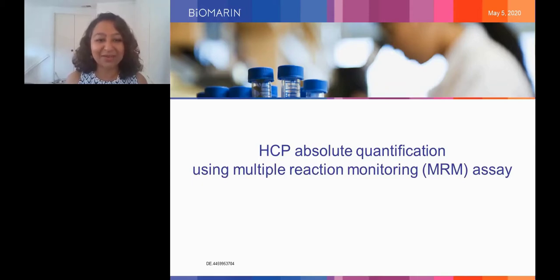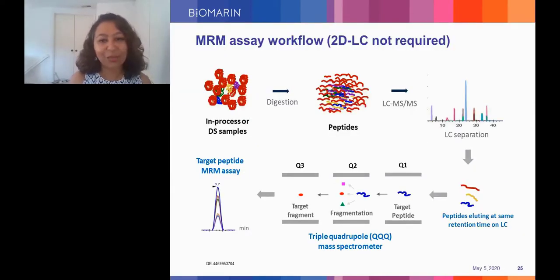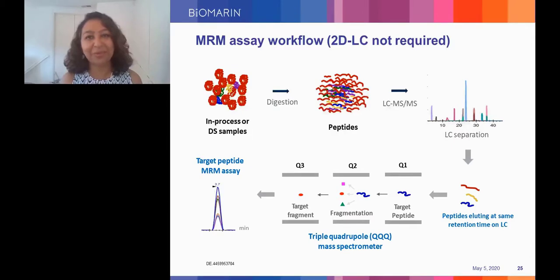And you can do that using multiple reaction monitoring, typically using a triple quad instrument. The way this is done is you have the same sample prep workflow, but instead of doing a discovery type or a proteomics type approach, you do a triple quad approach where you've already elucidated what proteins are in your sample, and you build an MRM assay, which is a targeted quantitative assay.